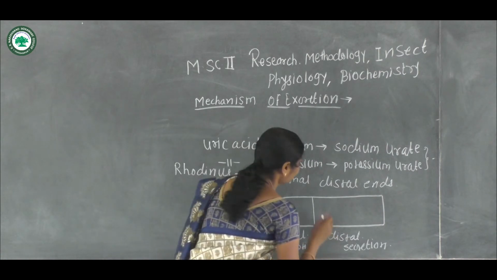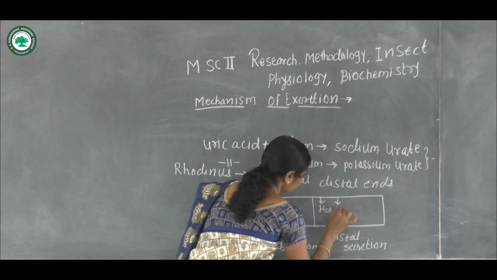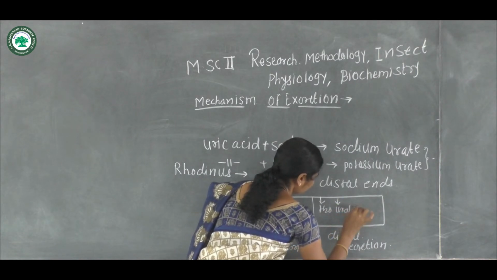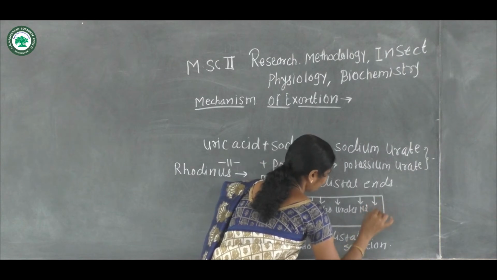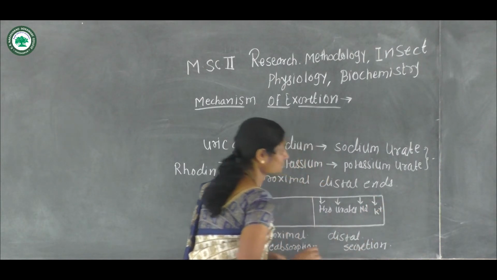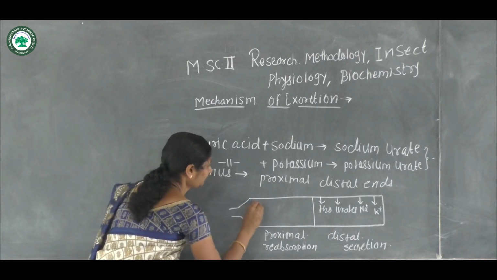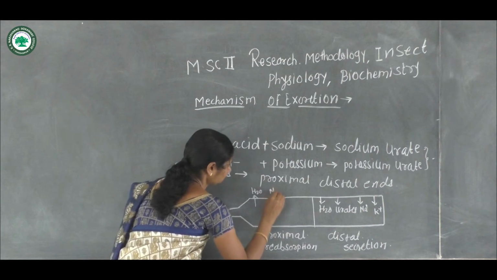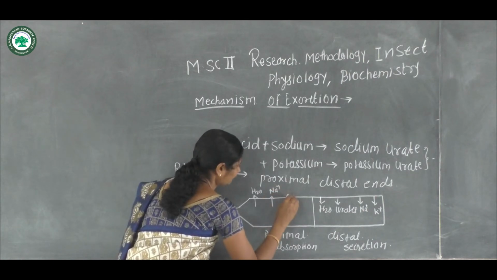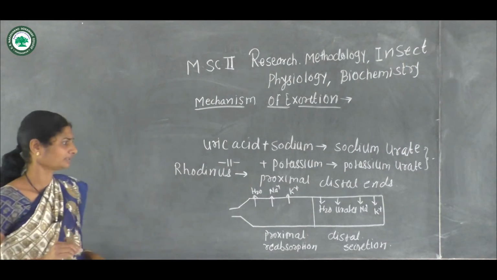In the distal region, water, urates, sodium and potassium are absorbed, and from the proximal end water, sodium and potassium ions are reabsorbed into the blood.